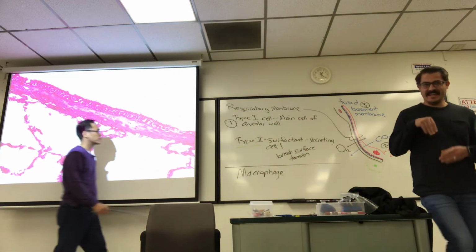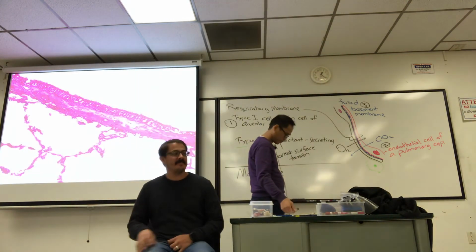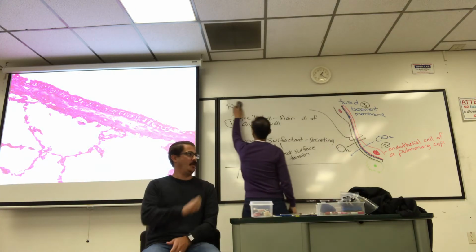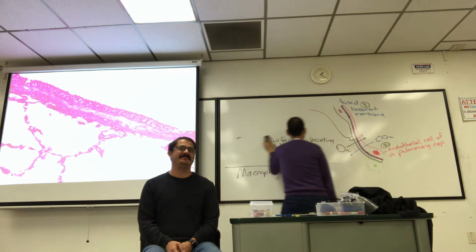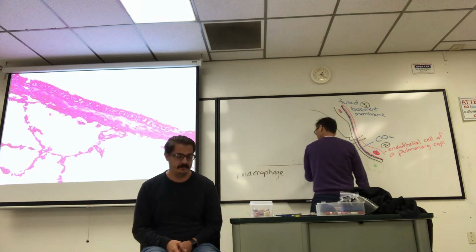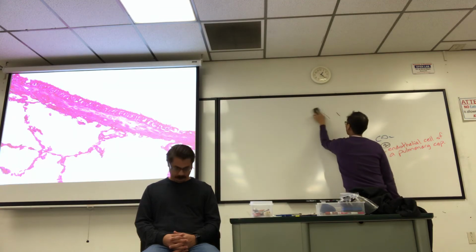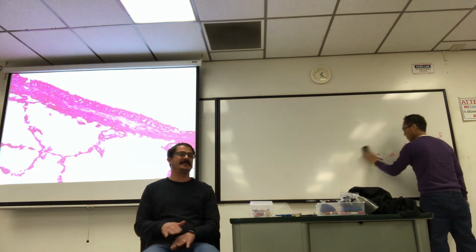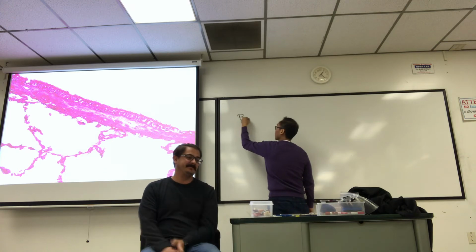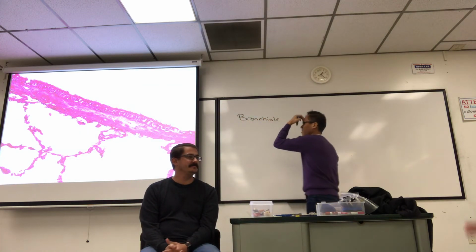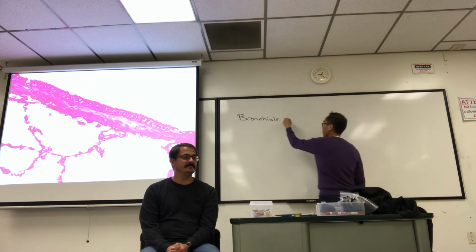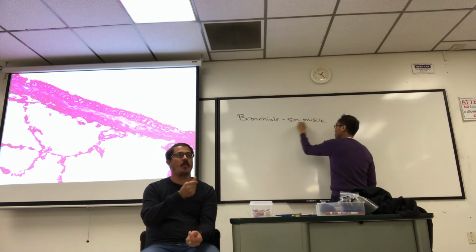Okay, bronchial, smooth muscle. I want to describe that epithelium as a cuboidal epithelial tissue with sparse cilia.